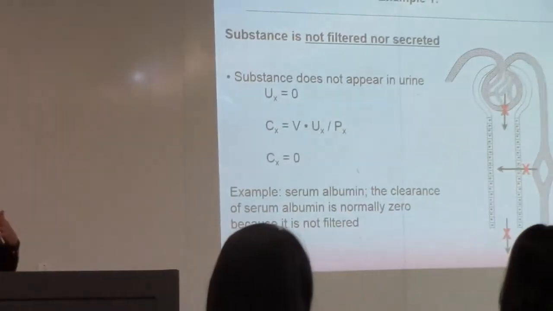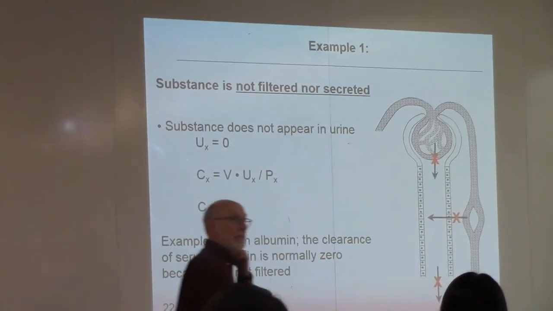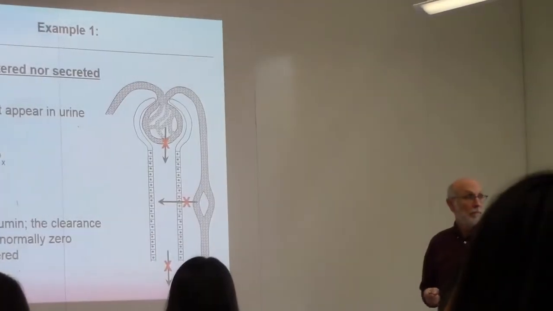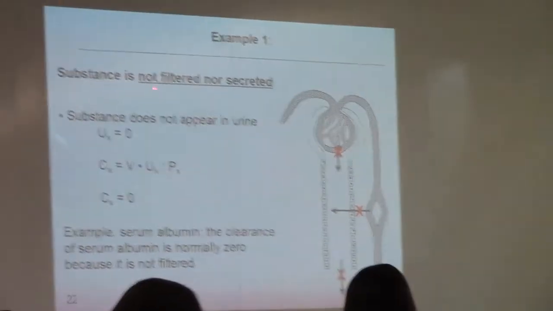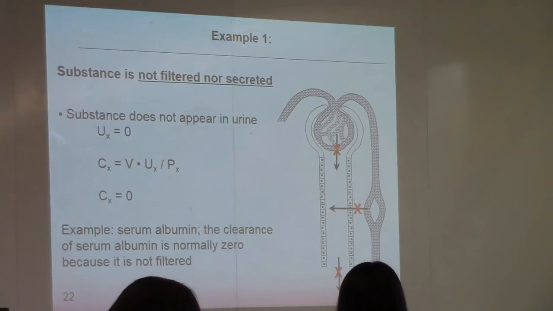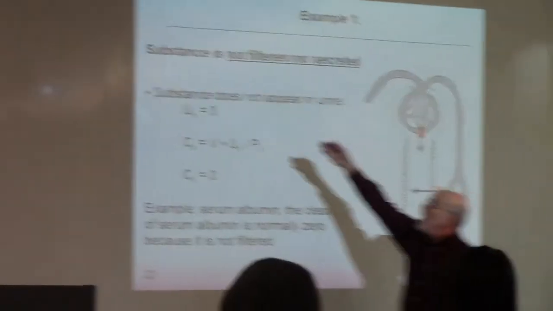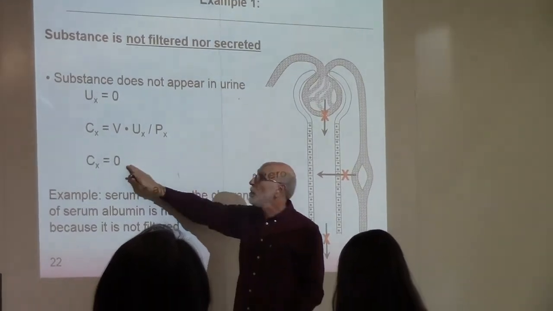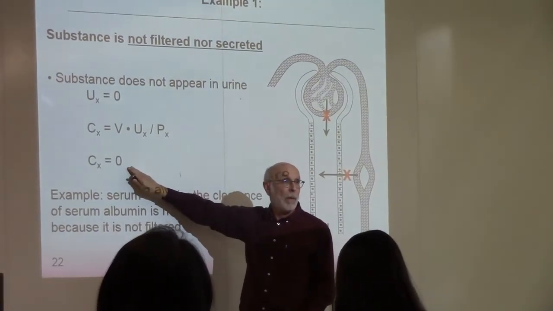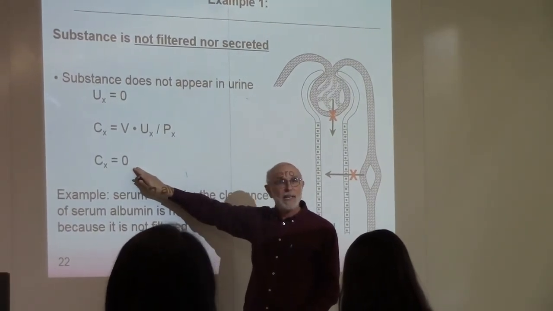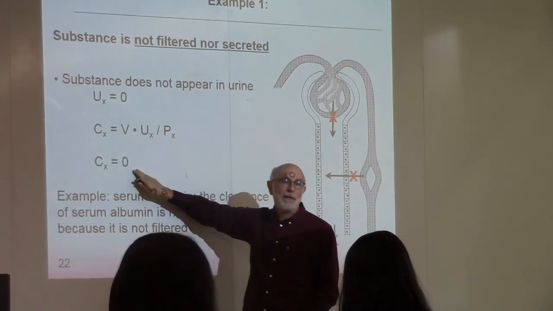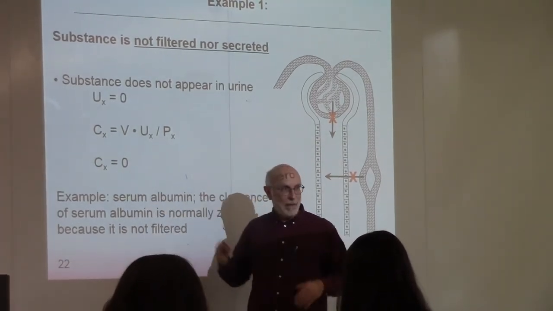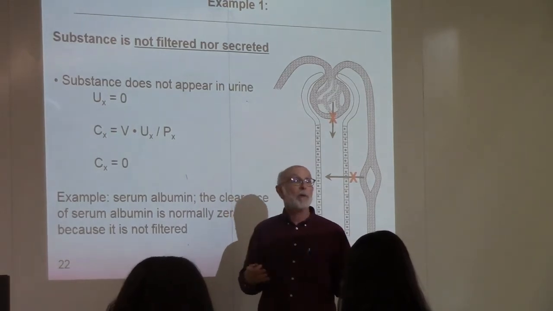So here's an example of a substance. The substance is serum albumin. It is not filtered nor secreted. So the urinary concentration of it is 0. So the excreted load is 0. So the clearance is 0. The volume of plasma that contains the amount of albumin that is excreted is 0. 0 mils of plasma has albumin in it.